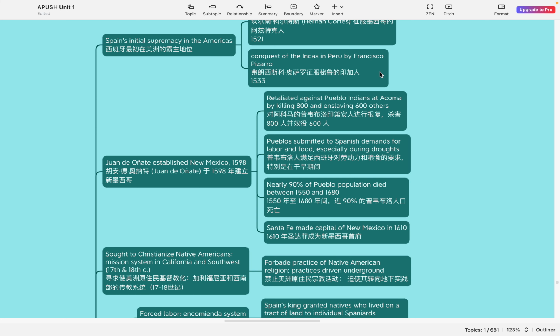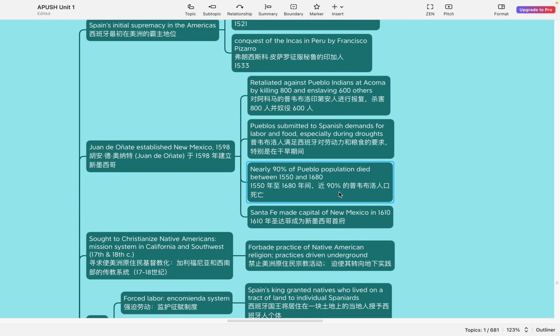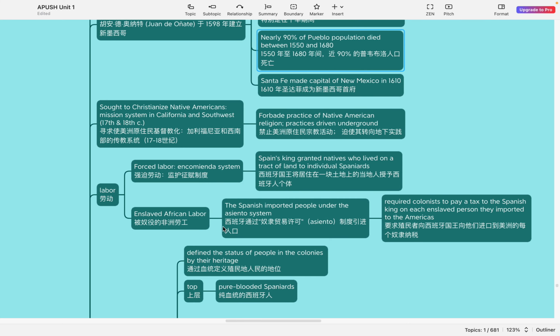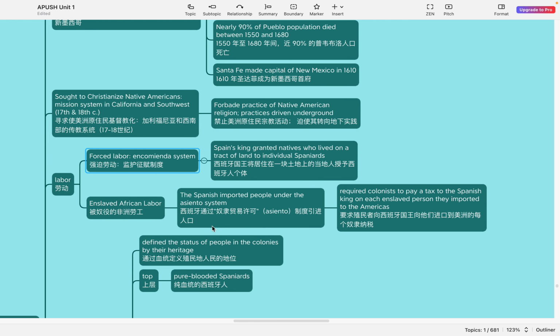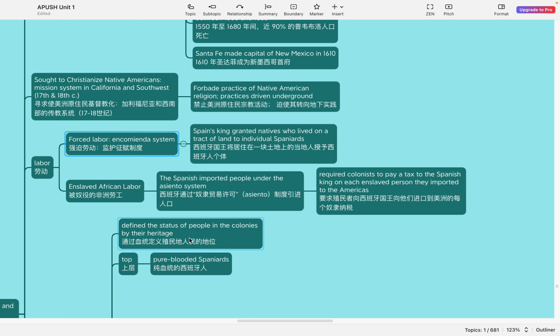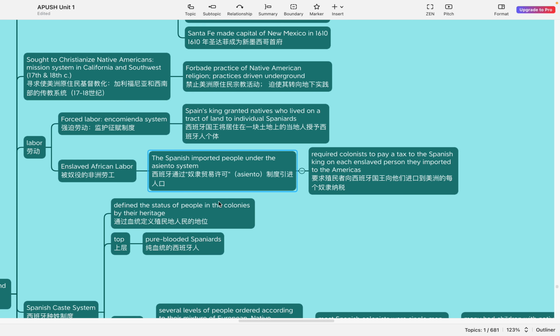Large numbers of Native Americans perished, and survivors were forced into labor under the encomienda system. When diseases caused a labor shortage, Spain turned to African slaves through the hacienda system to fill the gap.